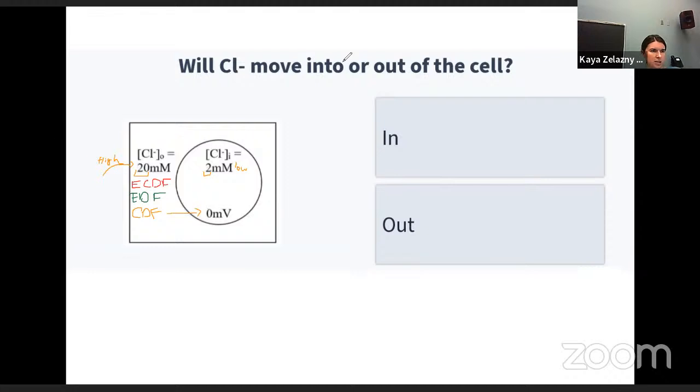And in this situation, when we're looking at that electrical driving force, we have a charge on chloride ions, but we see here that our membrane potential is 0, which means that for the chloride ion, there's no push or pull on it at all because we don't have charges interacting.